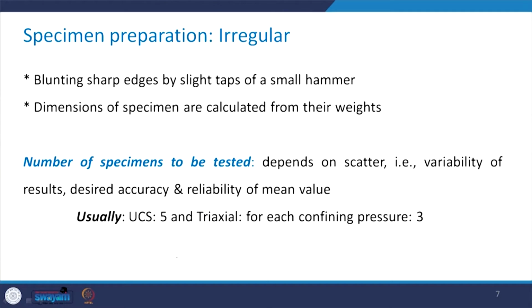Because wherever these are very sharp, and let us say you apply the load at that point, so stress concentrations are going to be extremely high, and we will not get the correct picture about its strength characteristic. So it is important to blunt those sharp edges and the corners. Now dimensions of the specimen, how to calculate them. So in case of the irregular specimen, they are calculated from their weight. We take the equivalent volume and then from there we try to find out the dimension of the specimen.